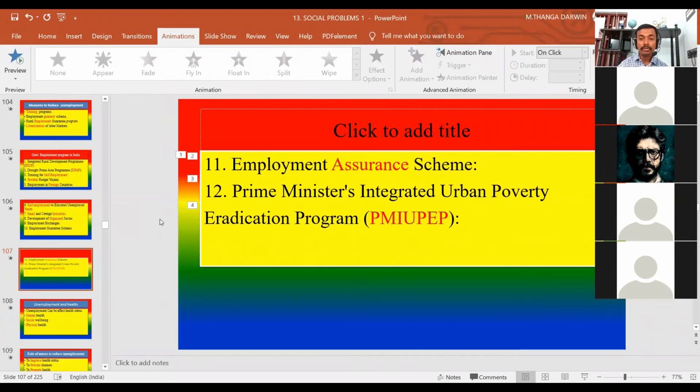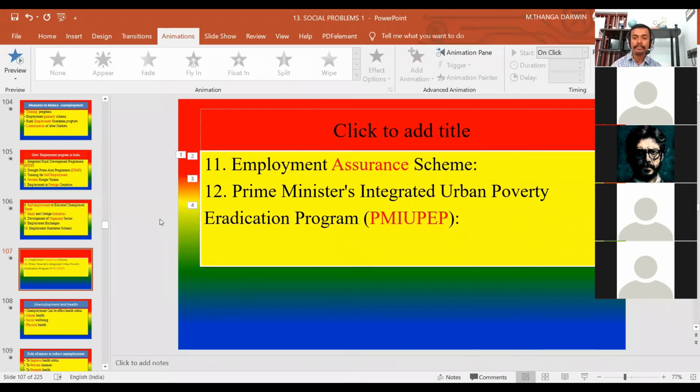Then employment assurance schemes, which are one of the social protection programs, protect the employees' individual rights. Then the Prime Minister Integrated Urban Poverty Eradication Program is also integrated with eradicating unemployment.